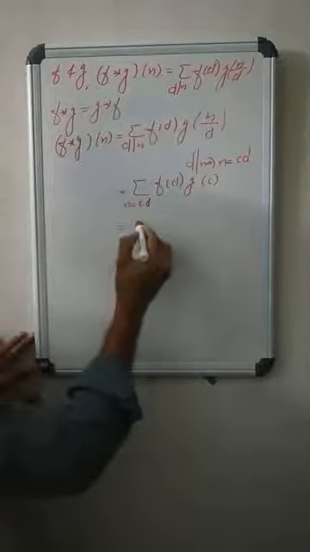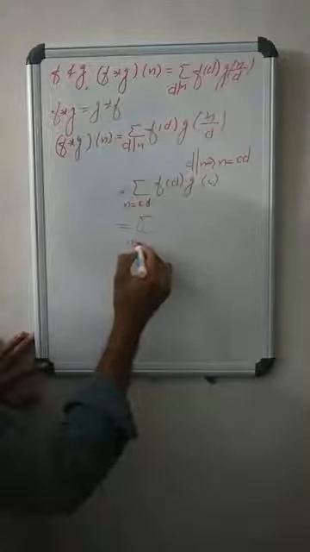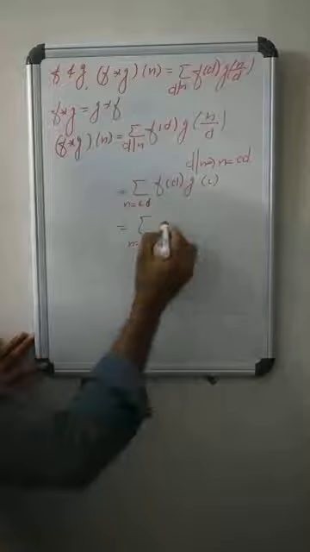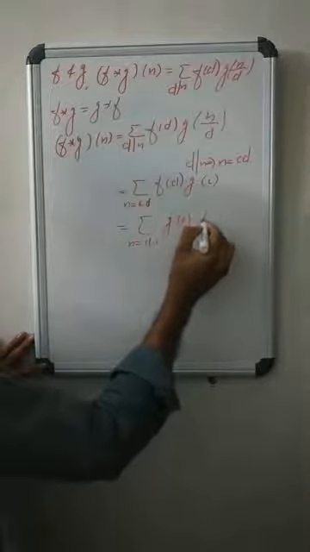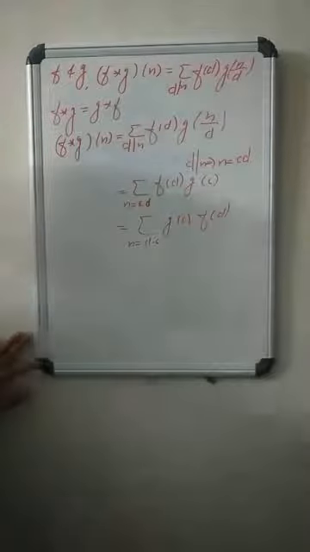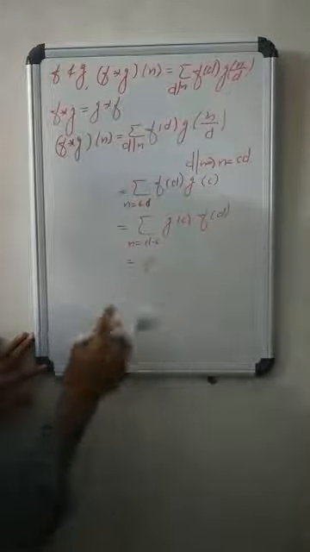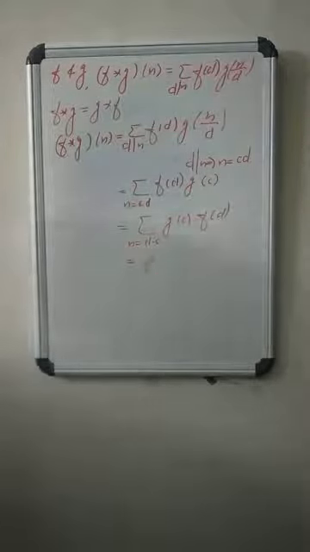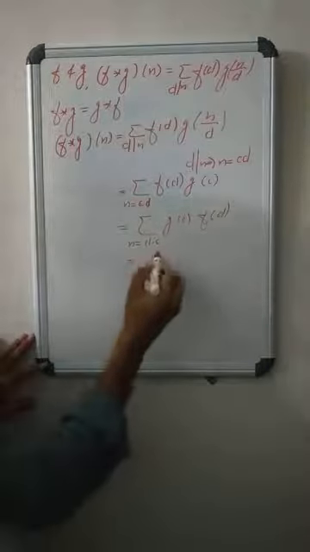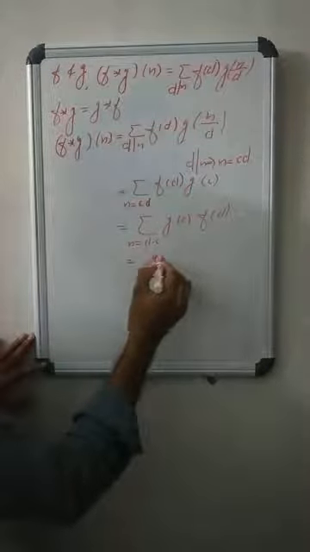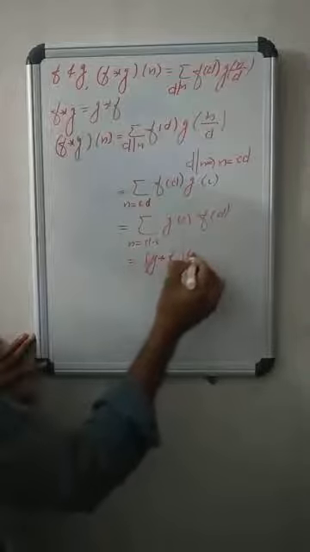That can be rewritten as the sum over n equals d times c of g(c) times f(d), which is nothing but (g star f)(n).